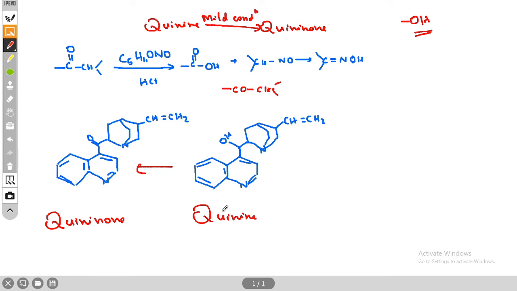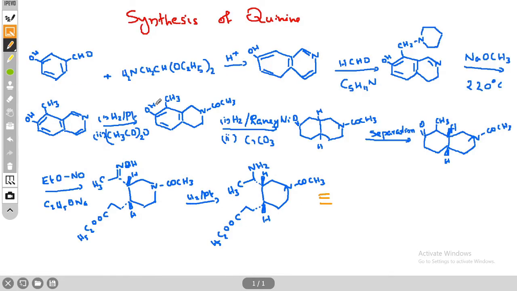Then this structure is further confirmed by the total synthesis of quinine. The synthesis starts from 3-hydroxybenzaldehyde, and it condenses with this molecule to form this heterocyclic ring system. Then it condenses with formaldehyde and piperidine to form this.